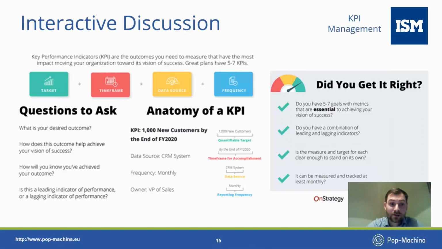How does this outcome help achieve your vision or success? How will you know you achieved your outcome? Is this a leading indicator of performance or a lagging indicator of performance? So please put 1, 2, or 3 KPIs to this situation you think would be suitable.